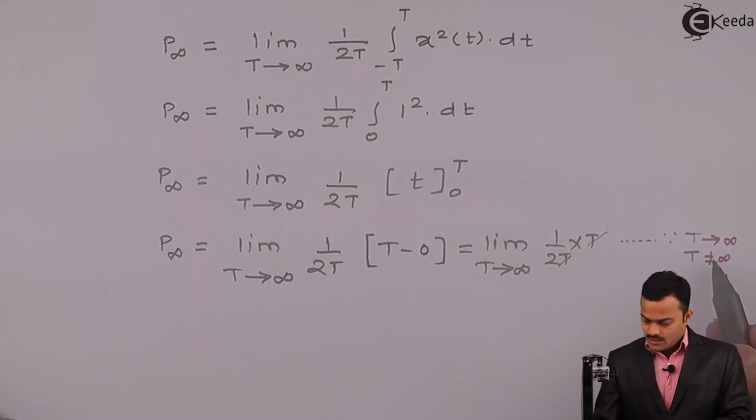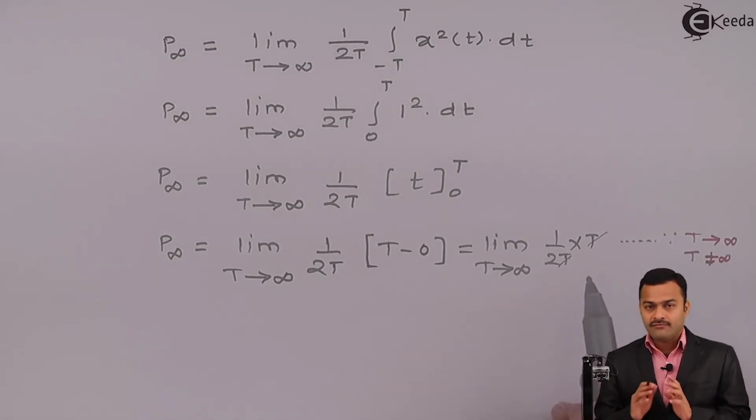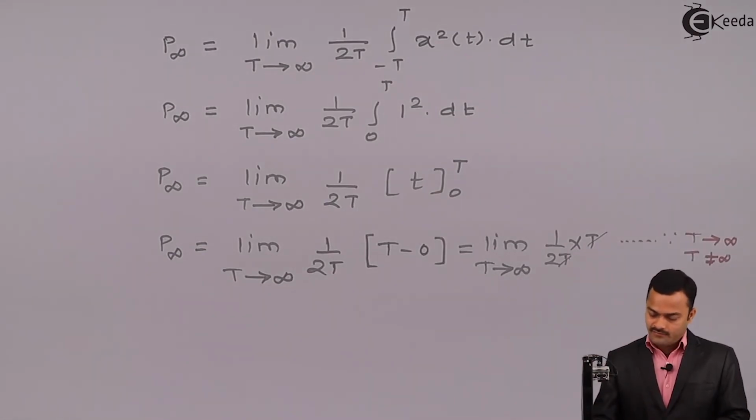As a thumb rule of maths, you cannot cancel out infinity from numerator and denominator, because infinity is not defined, and operations based on infinity cannot withstand. So over here I am writing t tending to infinity means t not equal to infinity. That implies t will be some finite number, and a finite number can be cancelled out.